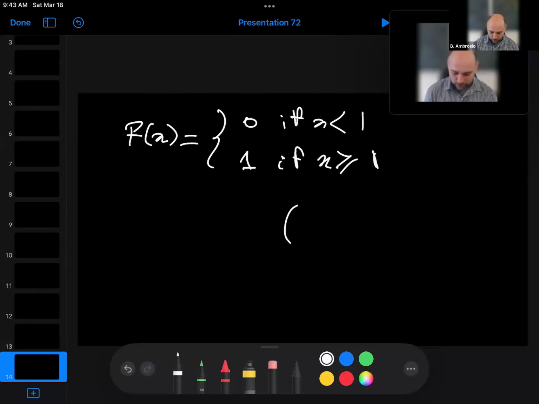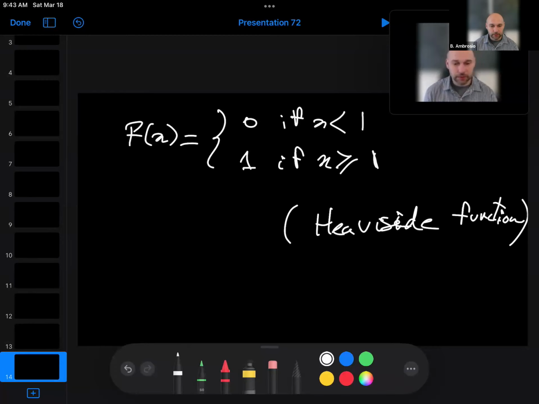In fact, this is called the Heaviside function. It's useful in physics. There's various applications from that.